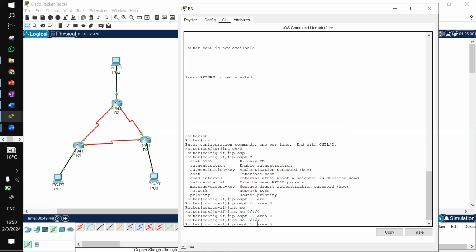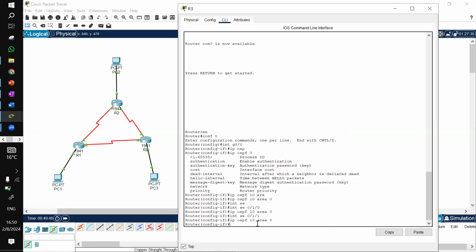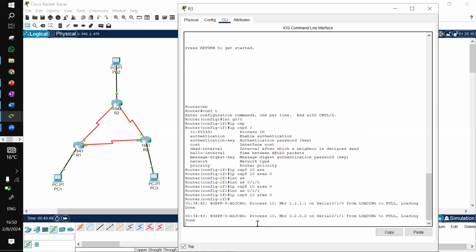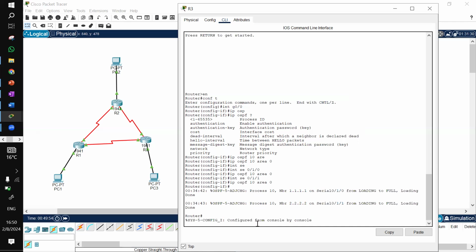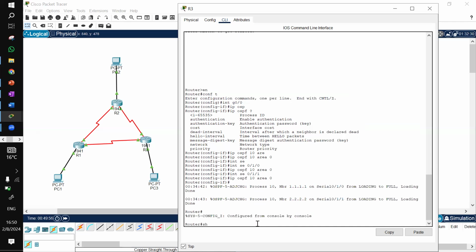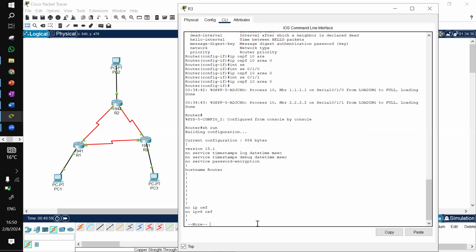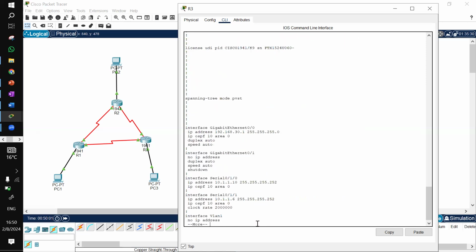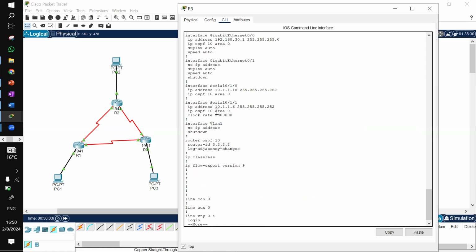Same command, ip ospf 10 area 0. Right. And there, our message is showing our OSPF processes going up. Right. And these are our commands, ip ospf 10 area 0, directly on the interface.